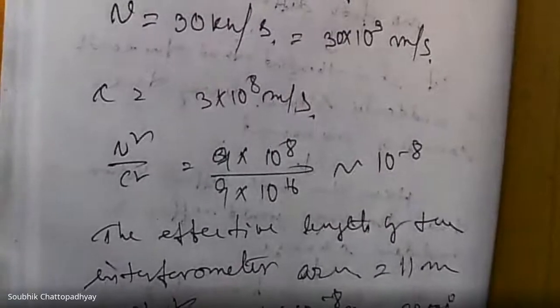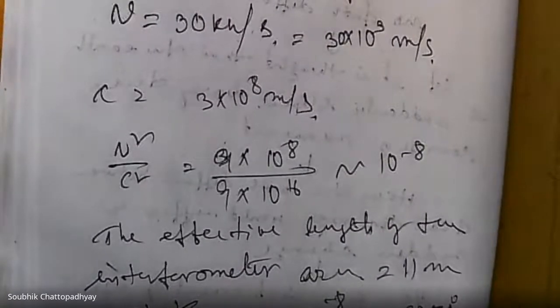So that much path difference should be there. The path difference is about 2/5 of the wavelength of the light used.